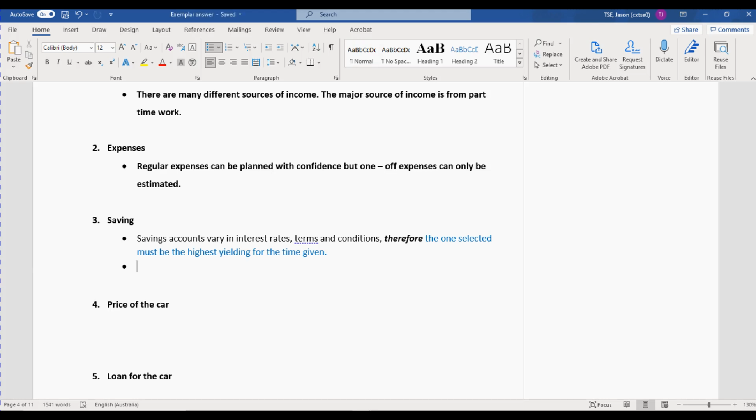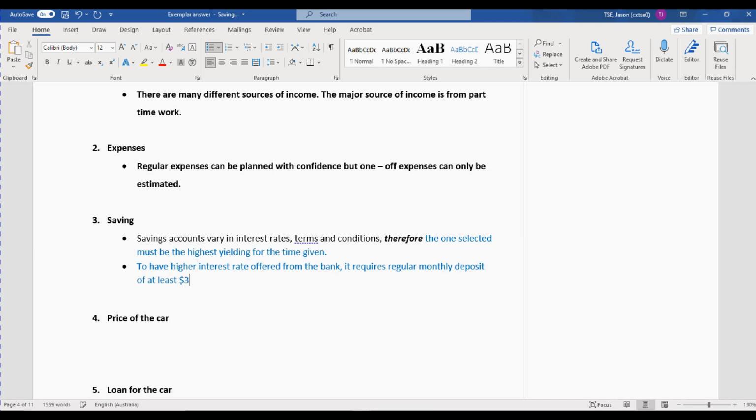All right, so you might say things like, to have a higher interest rate offer from the bank, we require monthly contribution, I need a regular monthly deposit of at least $300.